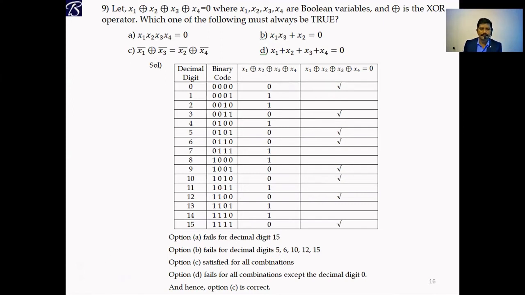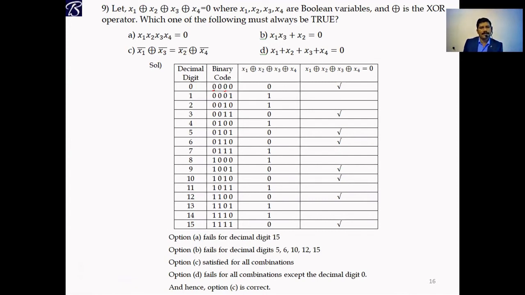So x1 bar and x3 bar, both go through an XOR operation. x2 bar and x4 bar, both also go through an XOR operation. Let us check this one. So x1, x3, that means 0, 0, bars mean 1, 1.